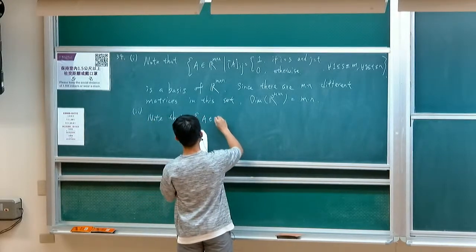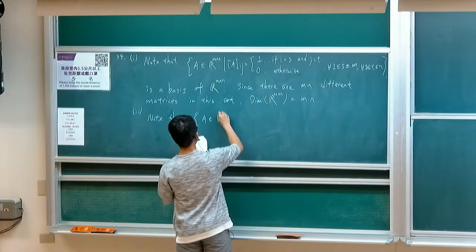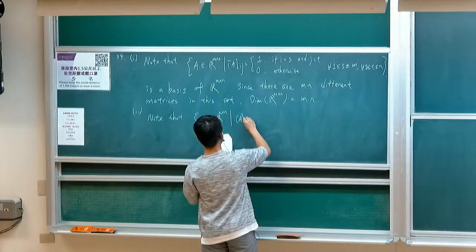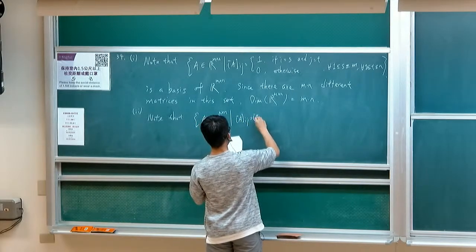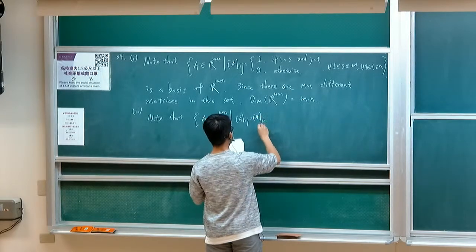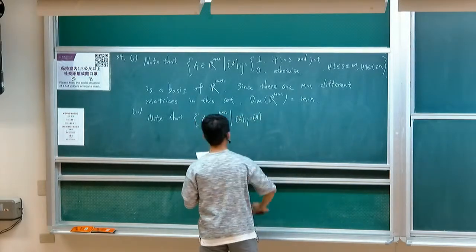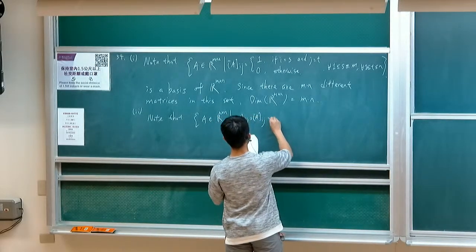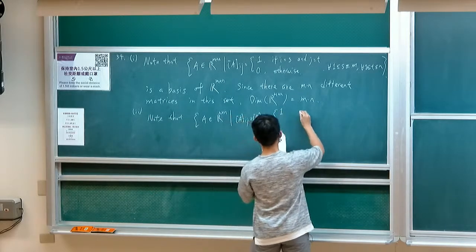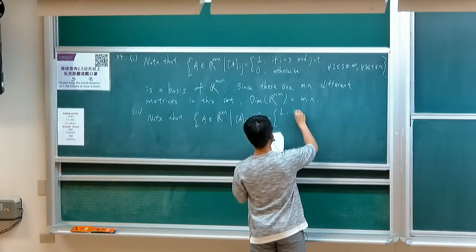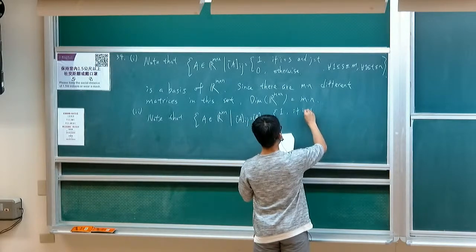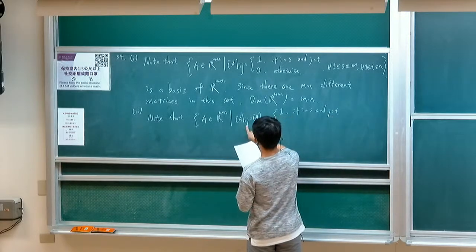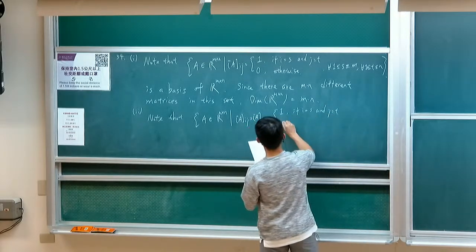We collect some matrices in R^(n by n) where the ijth entry of A is equal to the jith entry of A. If i is s and j is t, then the ijth entry of A is equal to 1.